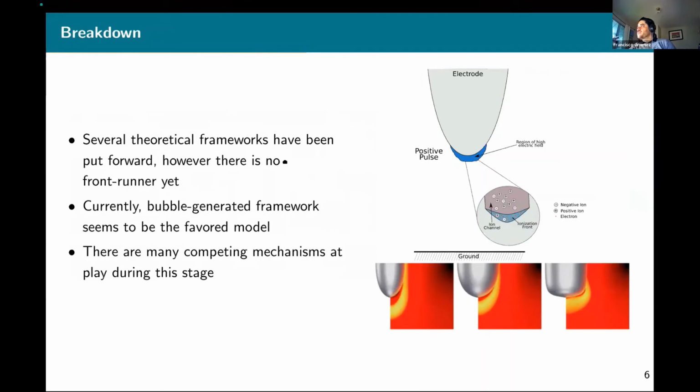For the first stage, which is electrical breakdown, there's still not a theoretical framework that is favored. There are of course 1 or 2 that are at the front of the others, but we can build simple reduced models to help us do a simple study of how the electrode shape affects the streamer propagation.